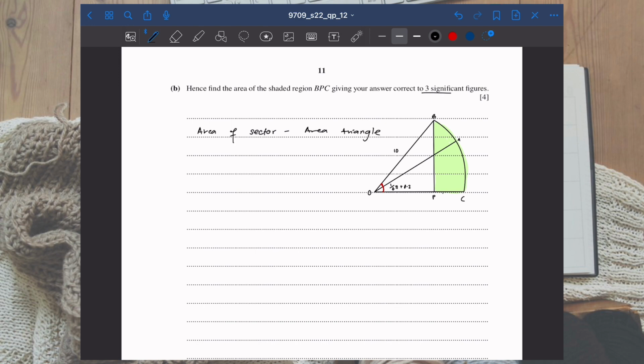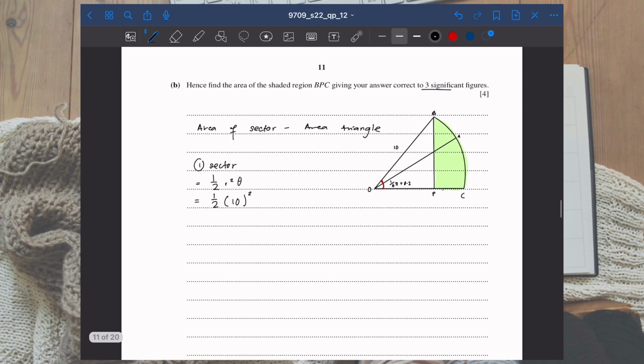So the area of the sector will be 1/2 r squared theta. So our radius is 10, our theta will be BOC, so it's 1/6 pi plus 0.2. We'll get 36.180.